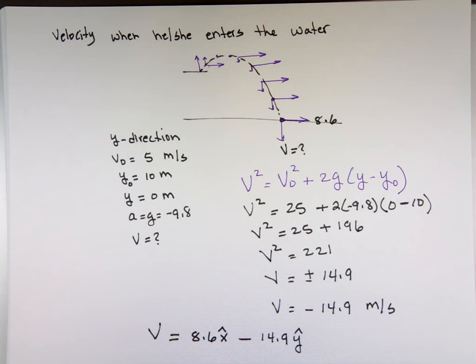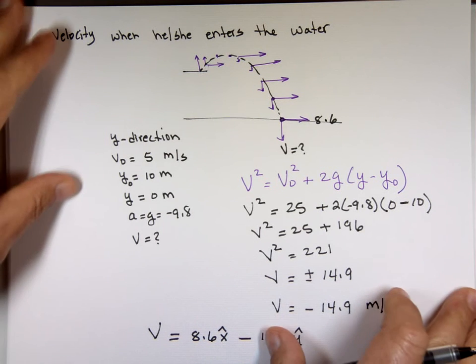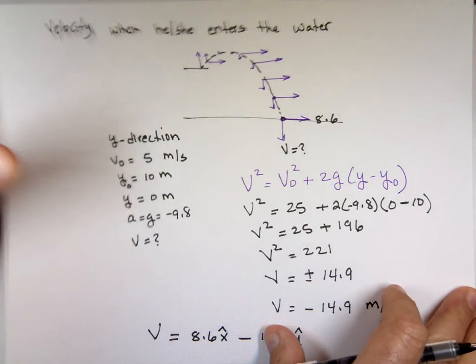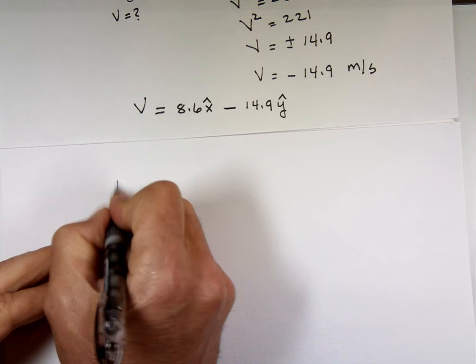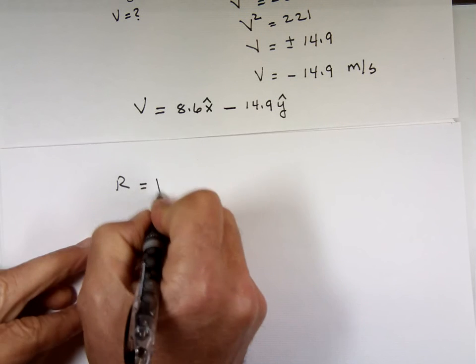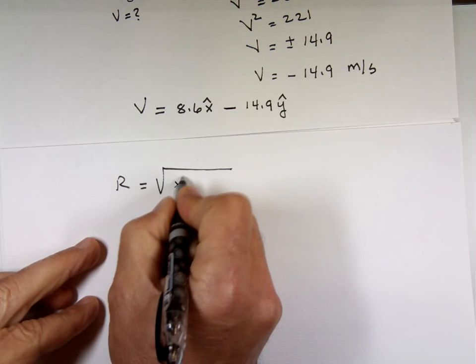If they ask you for the angle and the magnitude, you know the x and the y component. Let's find the magnitude and theta. To find r, it's going to be the square root of the x value squared plus the y value squared.